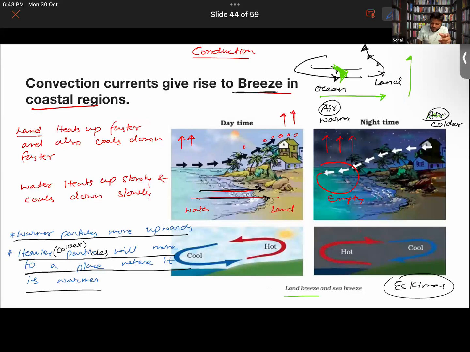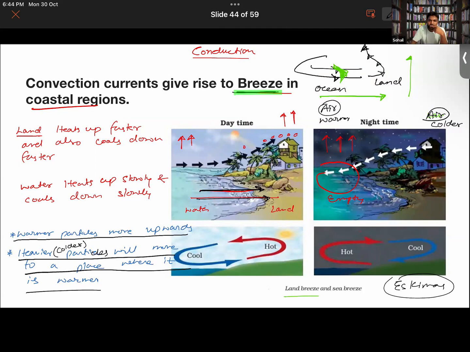And breeze, you guys are well aware, what is simply a breeze? Breezes are basically gentle winds that flow in the coastal areas. Anyone of you who has been to coastal areas, to Kerala or the coast of any state in India or any other country?